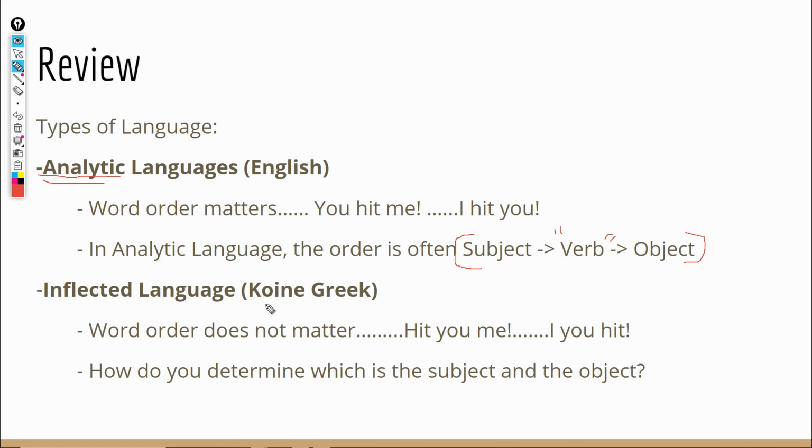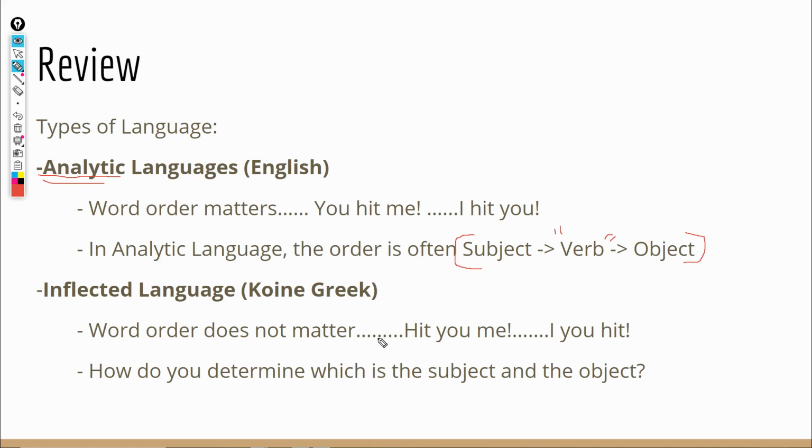Again, in Koine, word order does not matter. I don't know if any of you speak a language besides English, but for the most part, in many languages, word order does matter, and so it can be really tricky. So in Koine, the phrases "hit you me" and "I you hit" could very well mean the exact same thing. And so you say, well, how do you know?